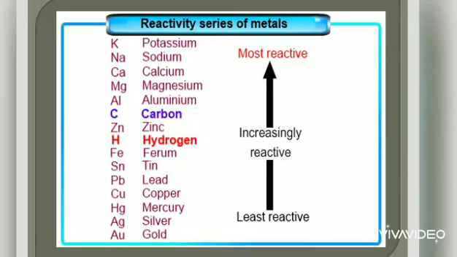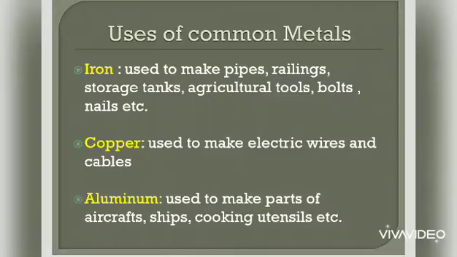Now we will discuss the uses of common metals. Iron is used to make pipes, railings, storage tanks, agricultural tools, bowls, nails, etc. The other commonly used metal is copper, which is used to make electric wires and cables.